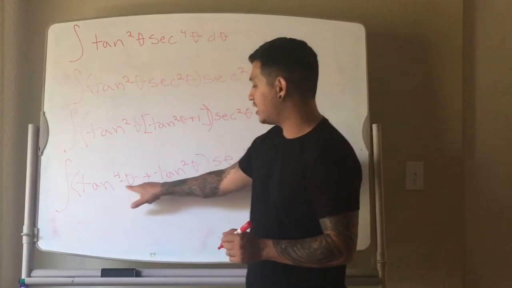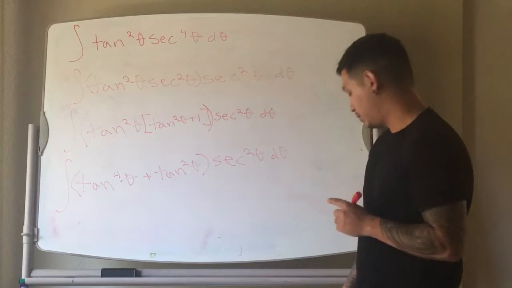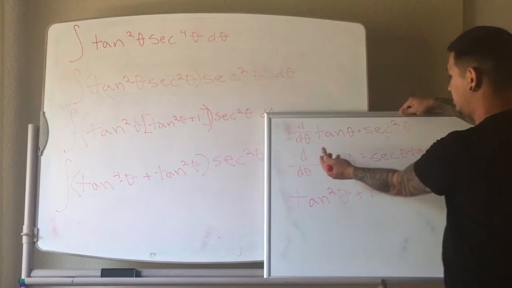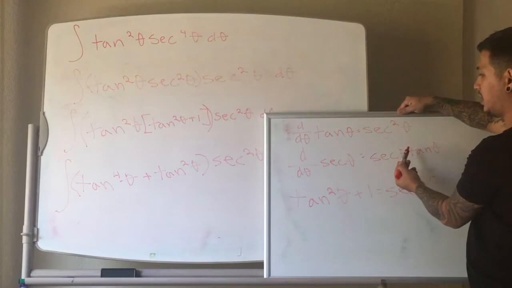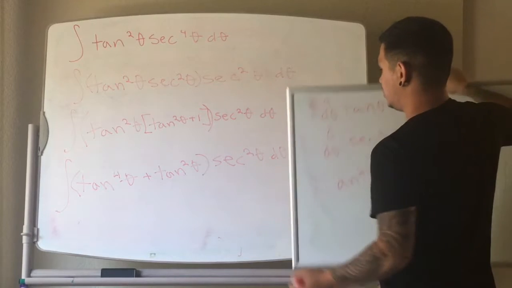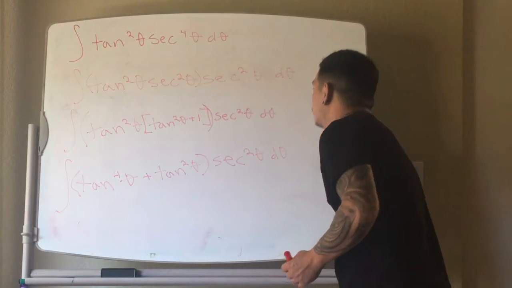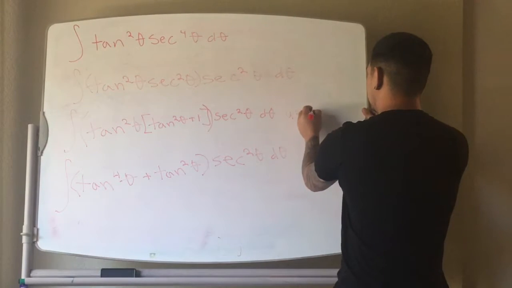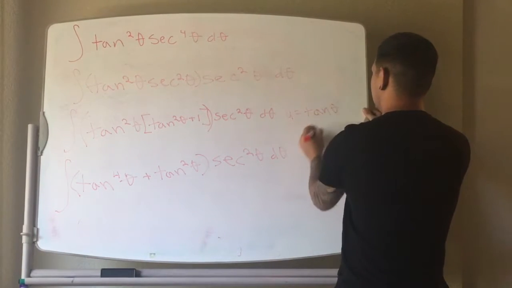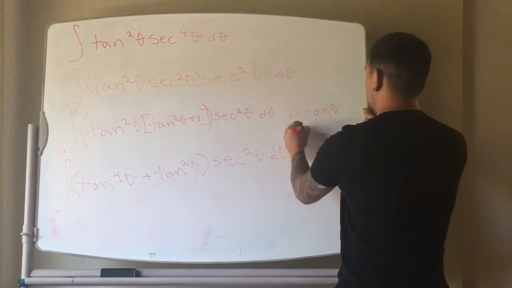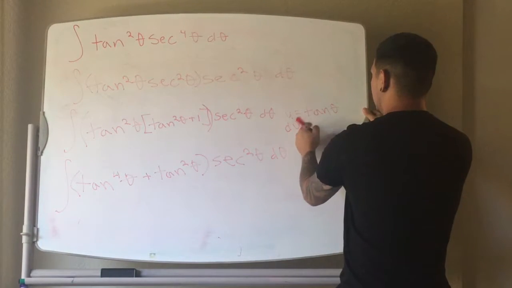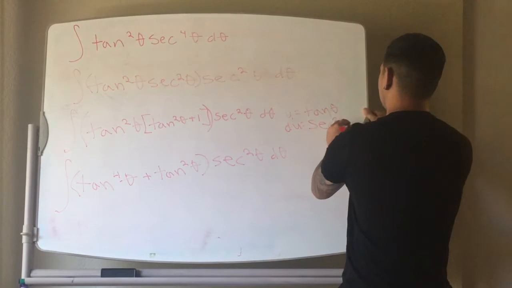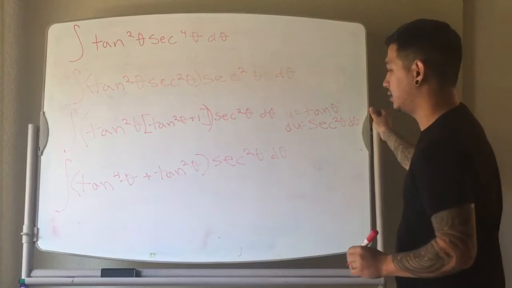If we let tan theta equal U, well, what's the derivative of tan? The derivative of tan is secant squared theta. And what do you know? We have secant squared theta right there. So if we let U equal tan theta, then du is equal to secant squared theta d theta.